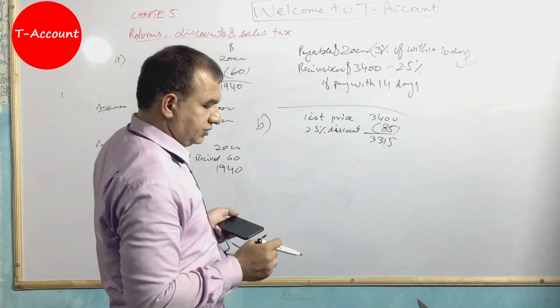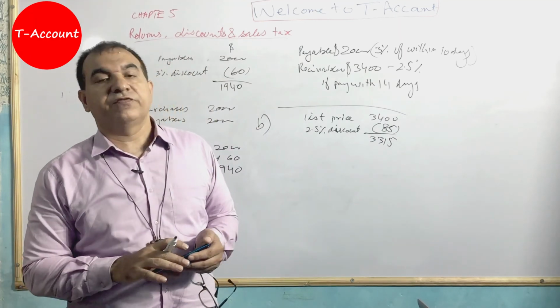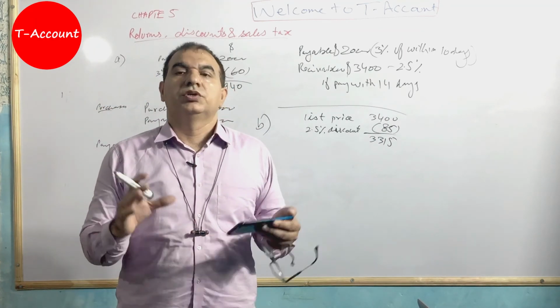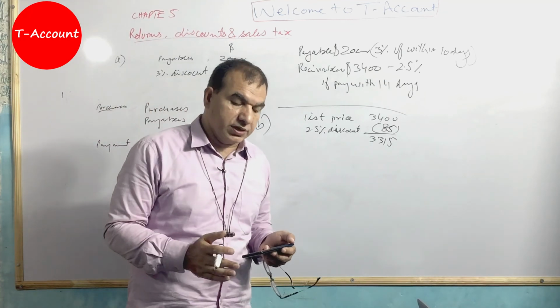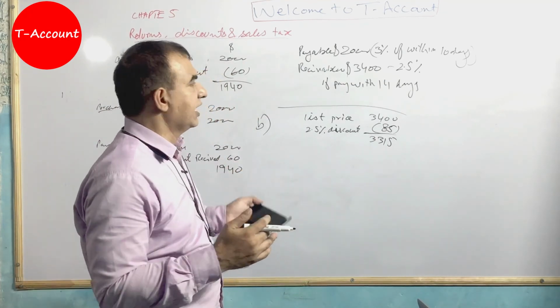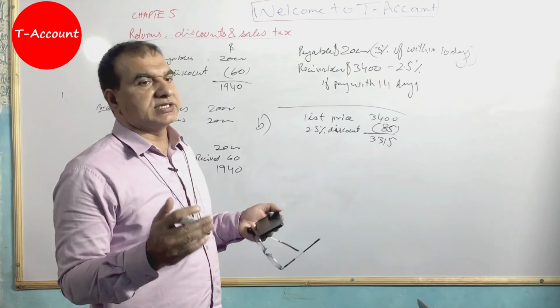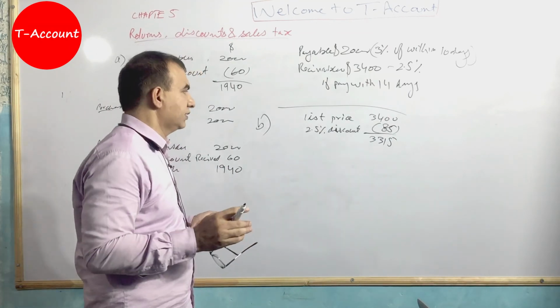Now, I just discussed that if you expect the customer to pay early and take advantage of that offer, you will book the net amount, as if you are sure that they will get that discount.